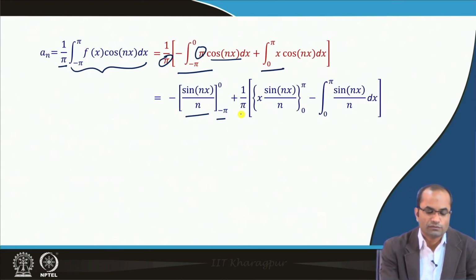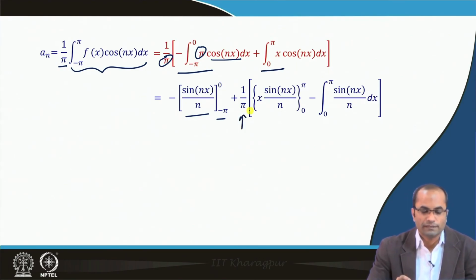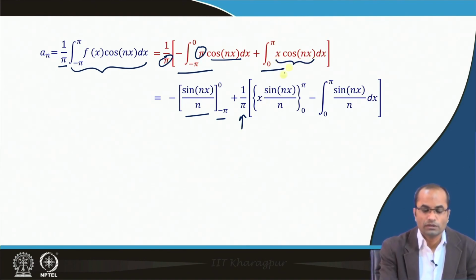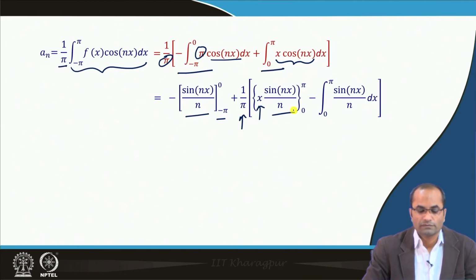For the second one, we have 1 over pi outside, and then we have to apply the partial integration rule. So, here the x is there, and from the cos n x we will get sin n x by n, with limits 0 to pi, and then minus the differentiation of x, which will be 1, and then again we have sin n x over n, with limits 0 to pi.